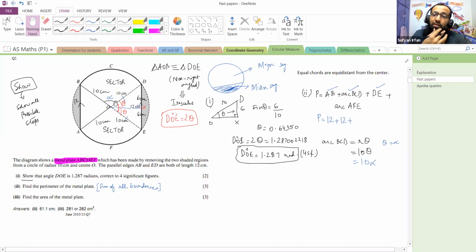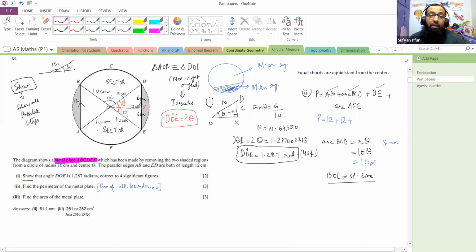We have usually studied this when dealing with angles in degrees: angles on a straight line add up to 180. Let's suppose if this is 30, this will be 150. So 30 is subtracted from 180 to give us 150. Similarly, BOE is a straight line.